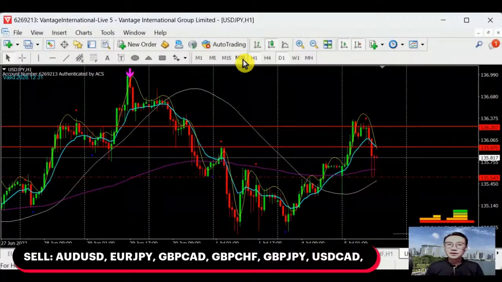We also have pound dollar 30 to 40 pips. So I guess it's pretty good today. Correct, 40, 40, 40, 37.